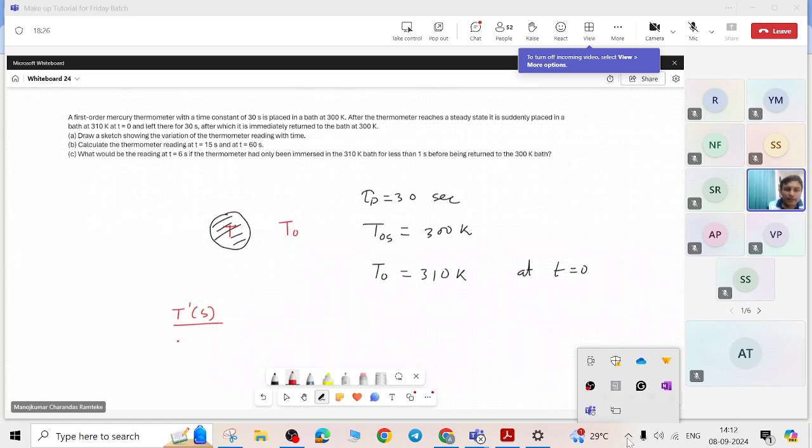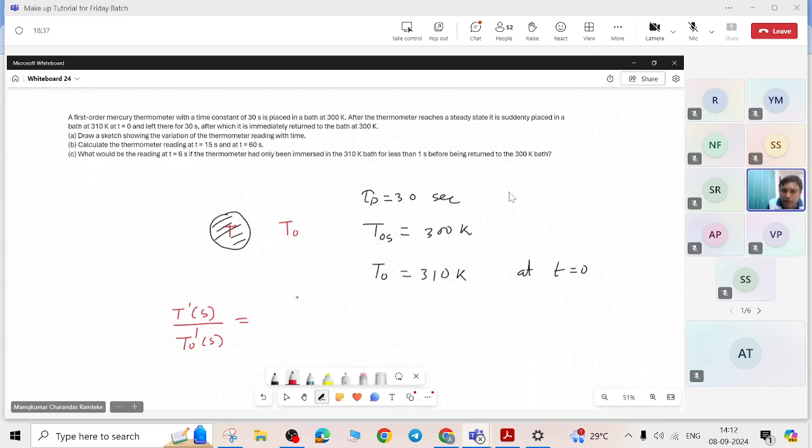Input is T naught dash s. This is the input, isn't it? And this should be given as a first order process, so it is given as Kp divided by tau p s plus 1. Correct? Do you all agree with me? Yes, sir.